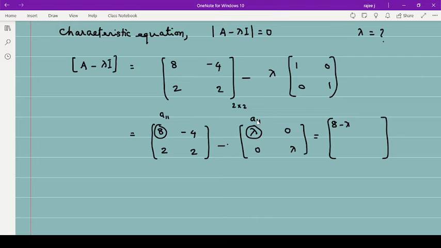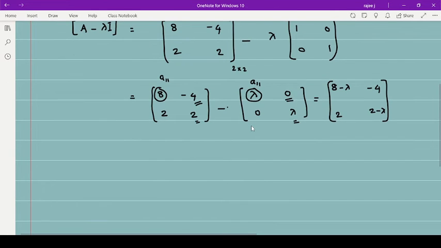So this is 8 minus lambda. Next is minus 4 minus 0, which is minus 4. Then 2 minus 0 means 2, and 2 minus lambda. So this is the matrix.